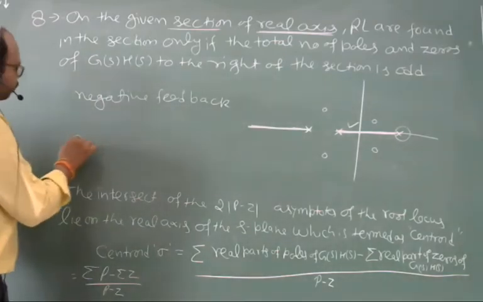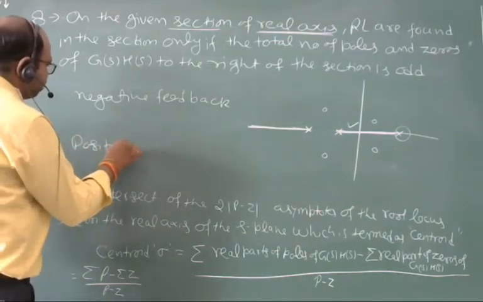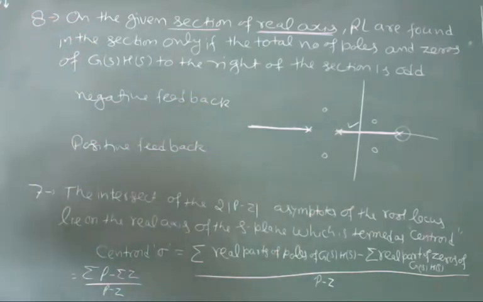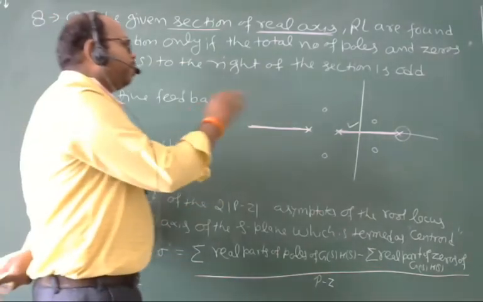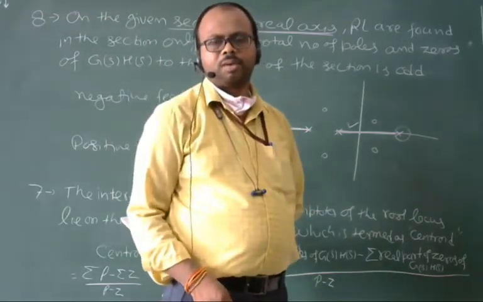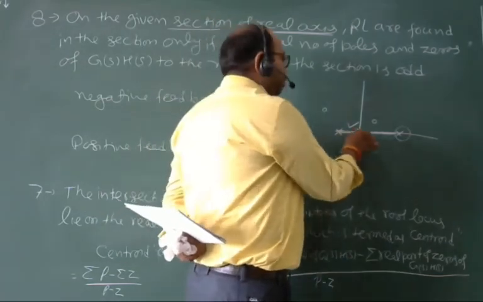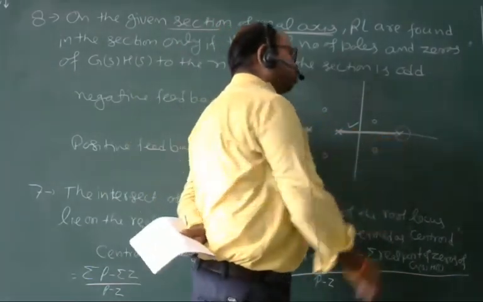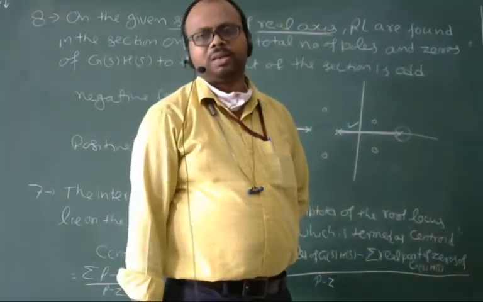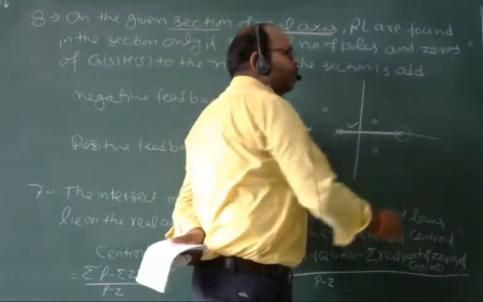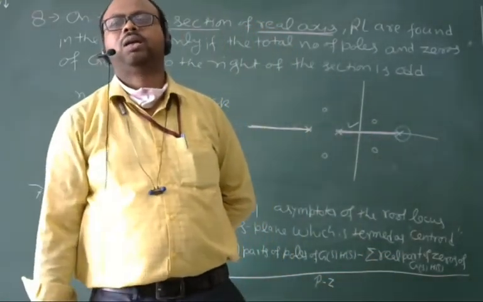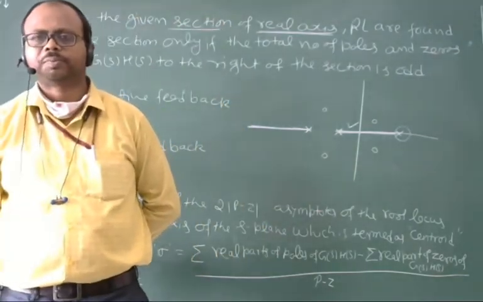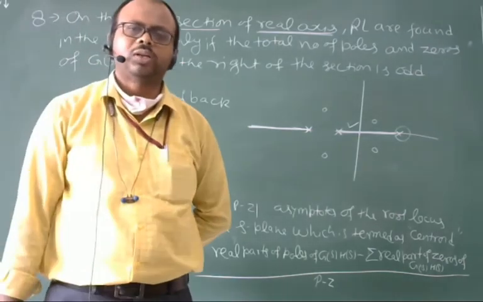But in case of positive feedback, the rule will be reverted. Now, if the number of roots in the right of the section is even, then the root locus will exist. And if the number of roots in the right of the section is odd, then root locus will not exist in that section.